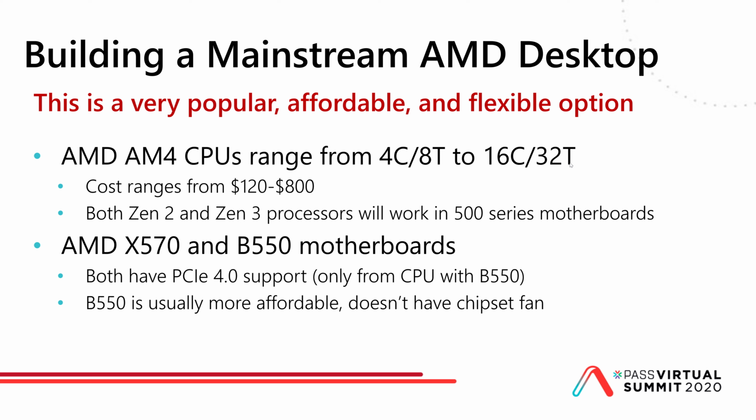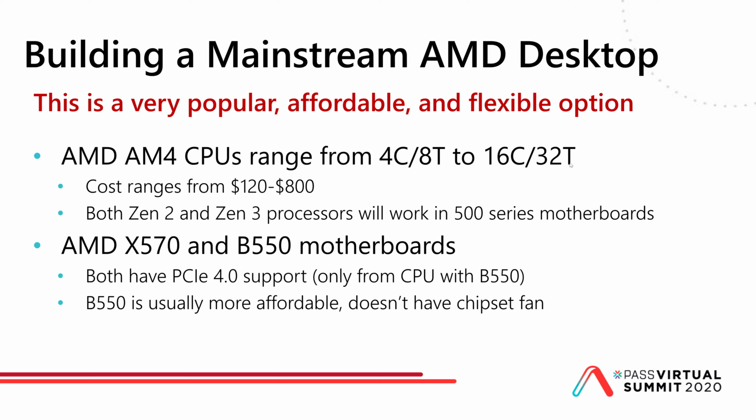Socket AM4 CPUs go all the way from 4-core, 8-thread to 16-core, 32-thread in the same types of motherboards. And the cost of those processors goes from about $120 for the bottom of the line up to about $800 for the top of the line Zen 3 16-core, 32-thread model.